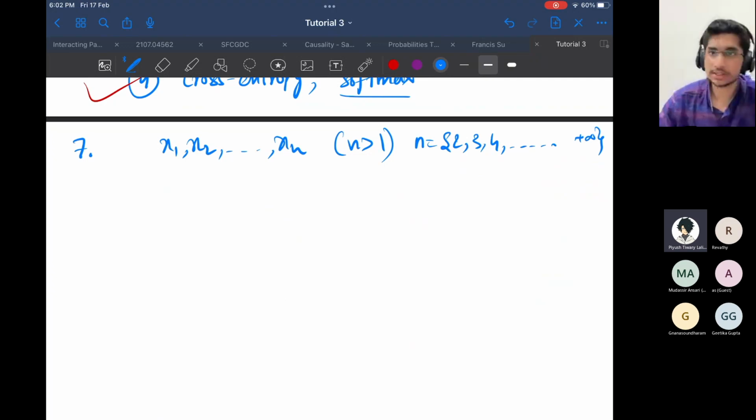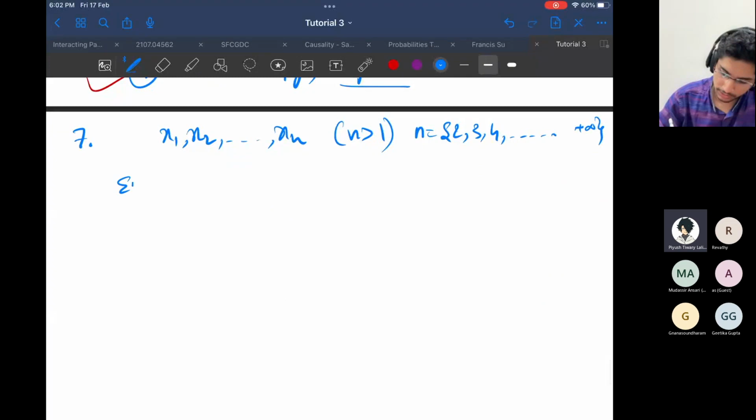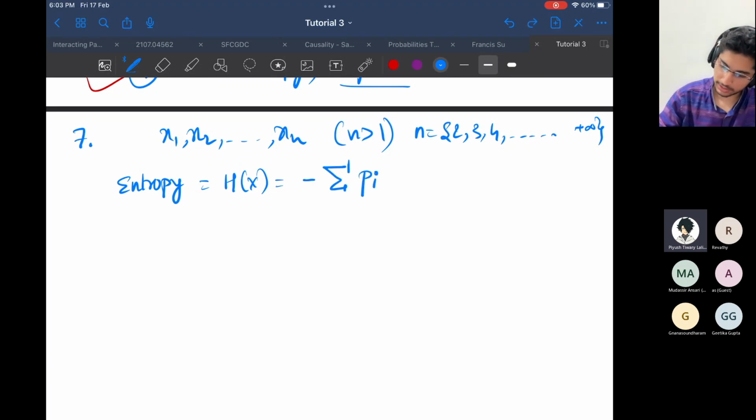We are hearing some weird things now, right? What is entropy? If you have seen the lecture, it is denoted by H of x. It is negative summation p of xi log of 1 upon p of xi.